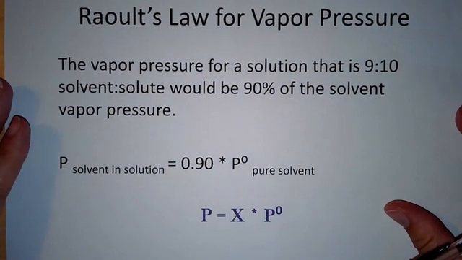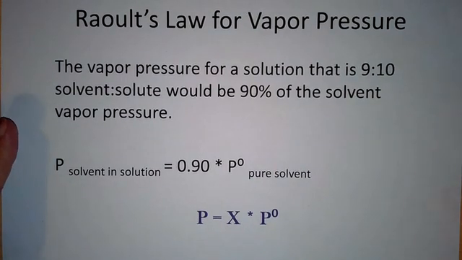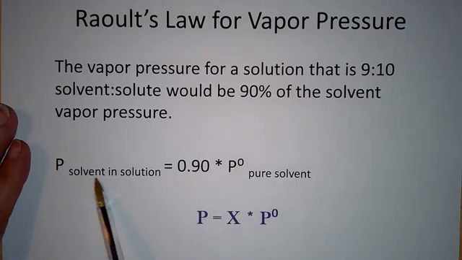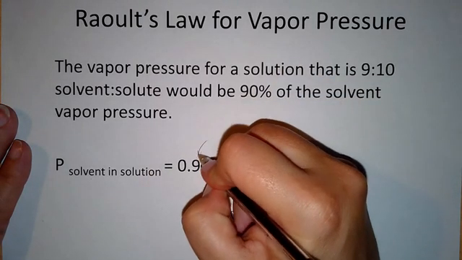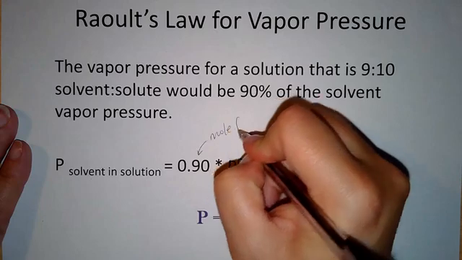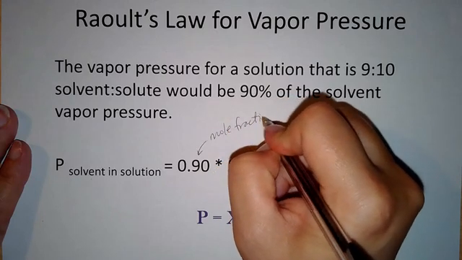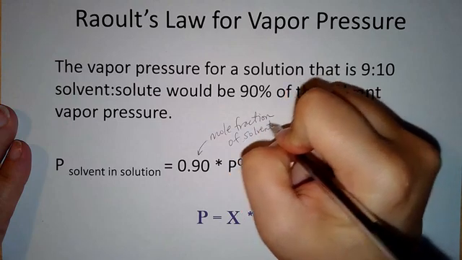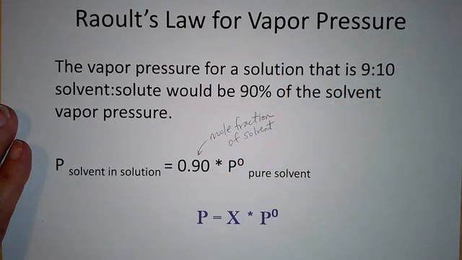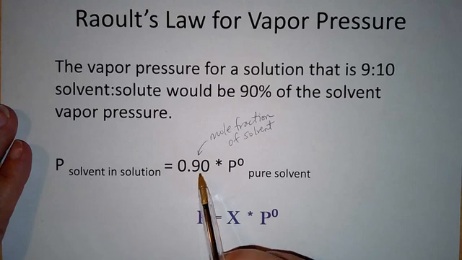So we have a very simple equation for Raoult's law of vapor pressure. It says that the vapor pressure above the solution is equal to the mole fraction of the solvent. In our example, we had a 10% solute solution, which would be 90% solvent.